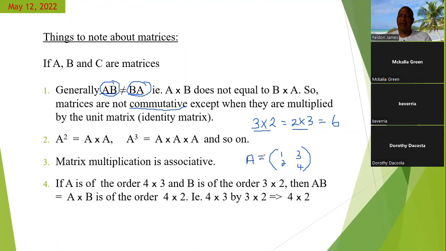Can somebody tell me, if A is equal to that matrix, what the answer of A squared will be? What will A squared give you? Or, A times A. What's the answer you're going to get?